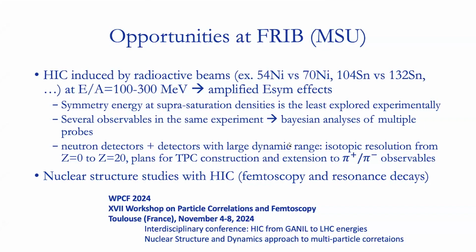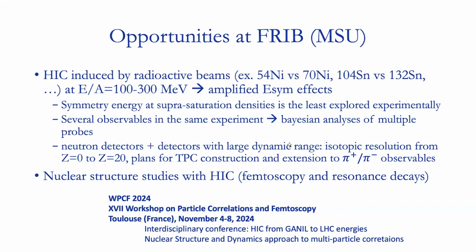The least explored region of the symmetry energy is the suprasaturation density region. It will be very important to do experiments where several observables are measured in the same experiment, and to do Bayesian analysis of these multiple probes to better constrain the density dependence of the symmetry energy.